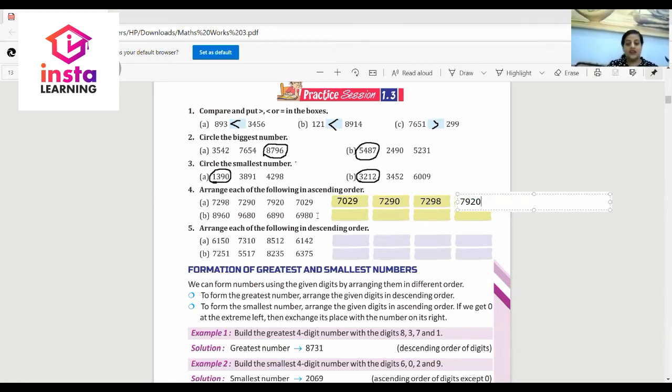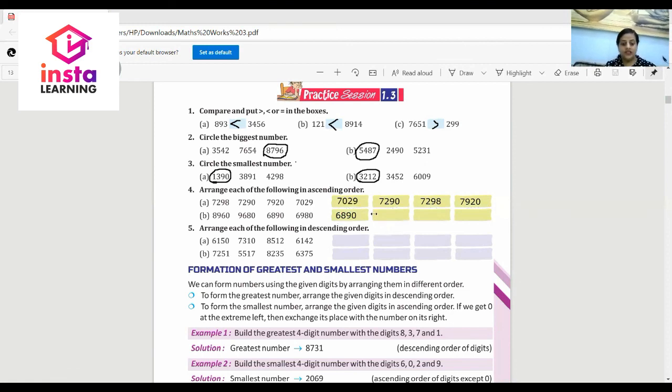So here next B part is 8000, 9000, 6000, 6000. So 6000 we will see in our 6000 place. So 6890 or 6980, it will be 6890 because it is the smallest number of all.